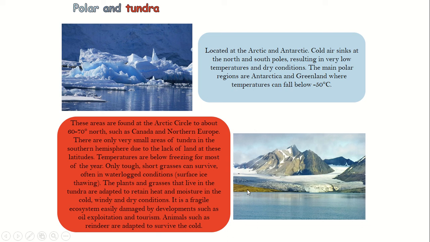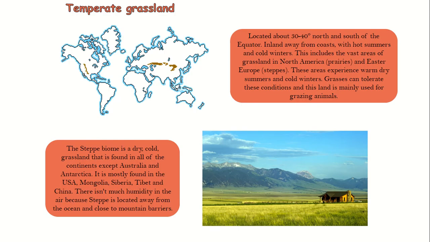So it's still very barren and a very tough place to survive. The temperatures are below freezing for most of the year. However, there are some ecosystems there. So things like reindeer can survive because they can eat the small leaves that shoot out of the ice itself.